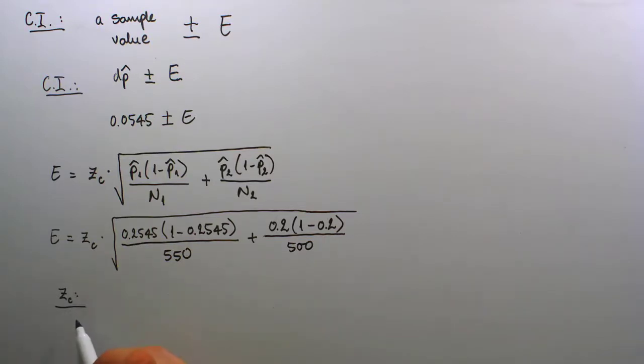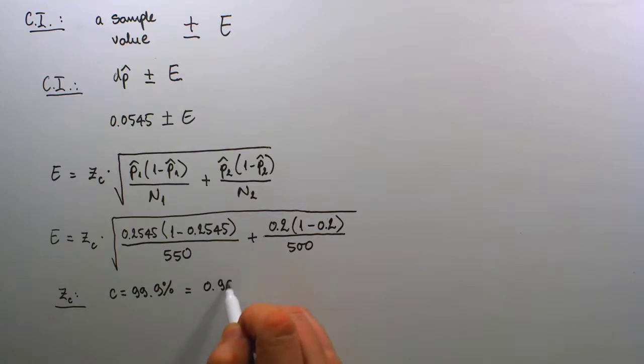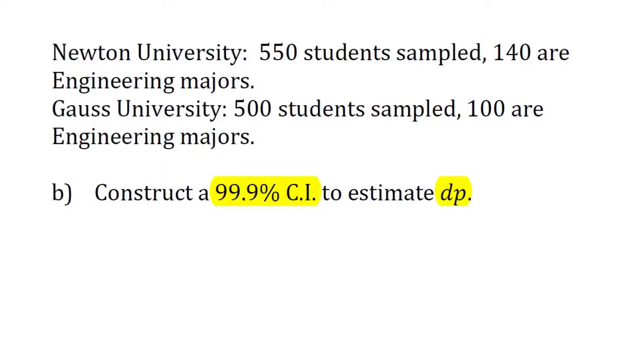First thing to recall is that our confidence level is given as 99.9%, so that is 0.999 in decimal. The question is asking us to construct a 99.9% confidence interval, so this 99.9% is our confidence level given in the problem.